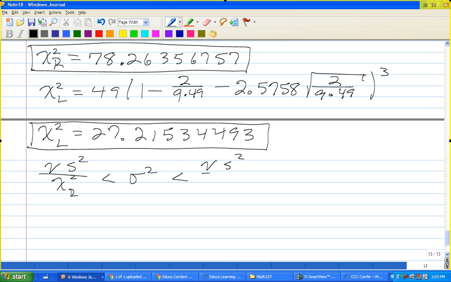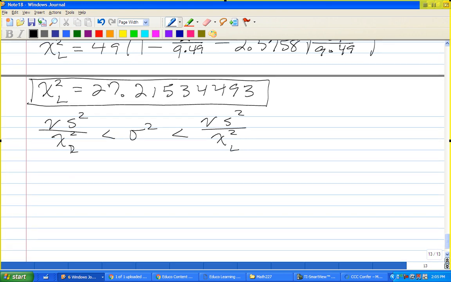My degrees of freedom was 49, my sample variance was 2.124. Notice you don't square it.